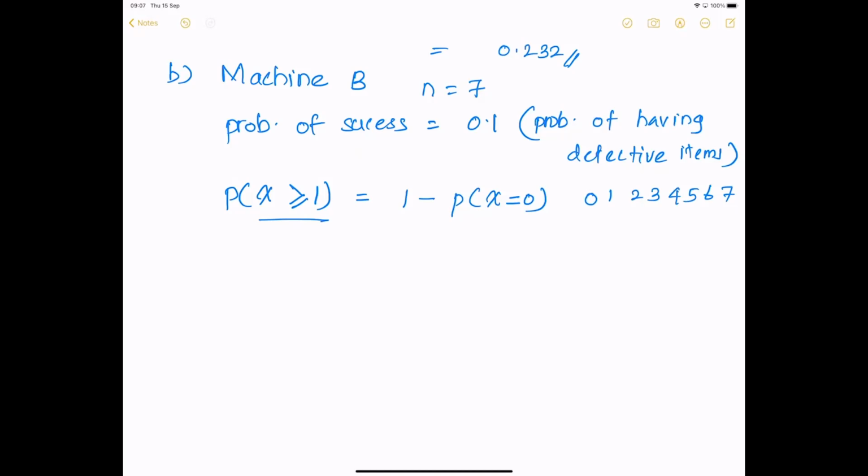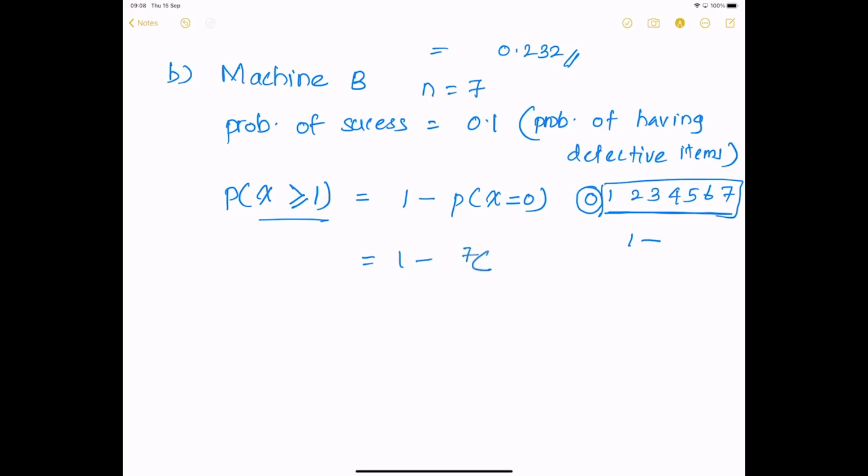The question says x greater than or equal to 1, which means we want to find the total probability of this part, right? In probability theory, we know that the total probability is always equal to 1. If we simply subtract this probability from 1, then we can take the rest of the probability, right? So what is the equation?